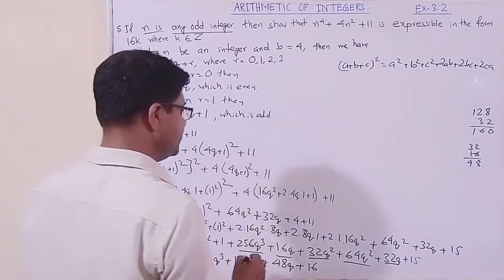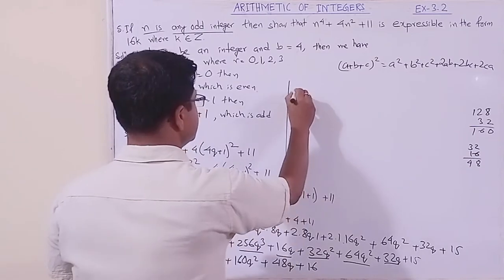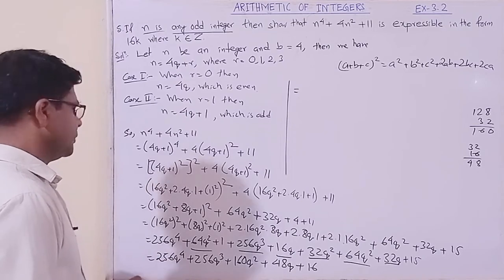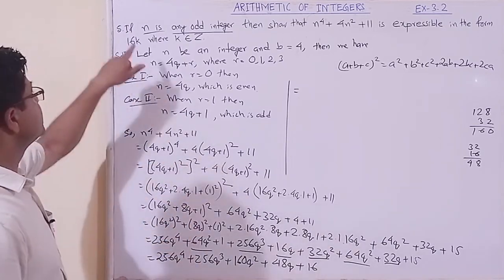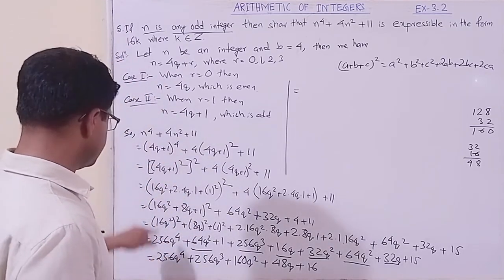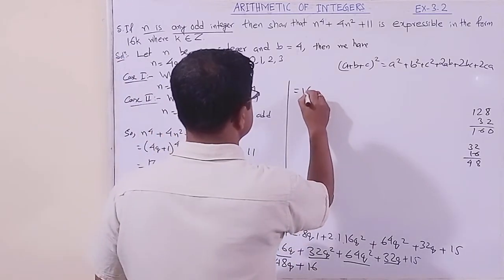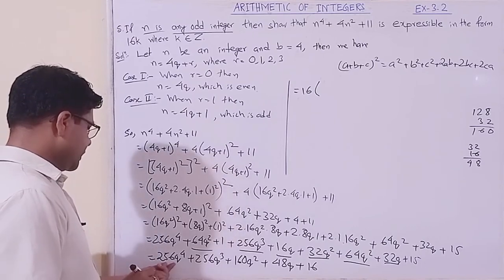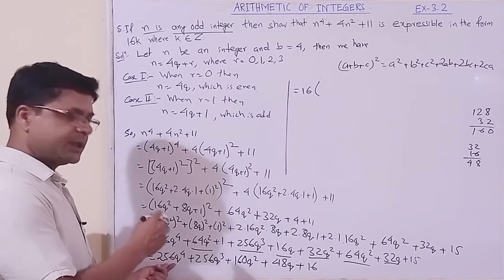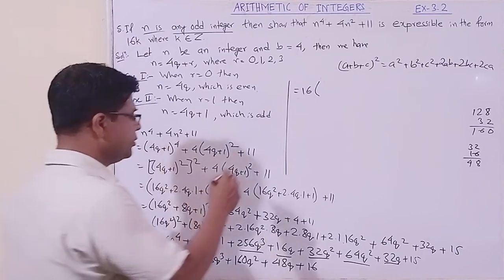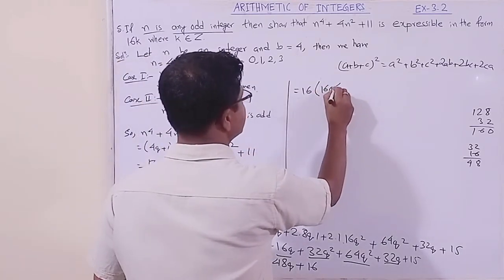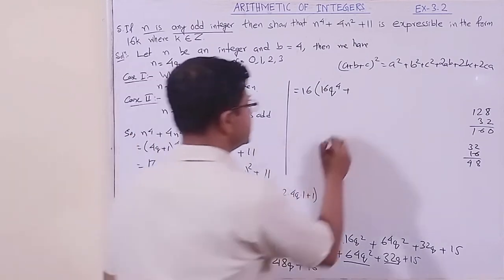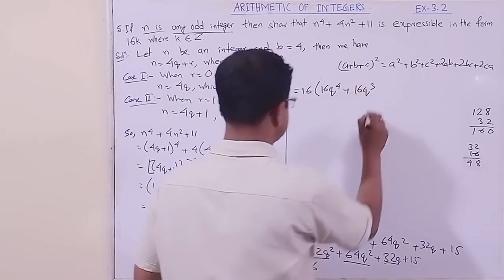Now here we want to finish this case. So what is common? This should be expressed in the form of 16k. So 16 we have to take common. 256 means 16 into 16, that 16 will be left, so 16q to the power 4. Again here 16 will be there, 16q cube.